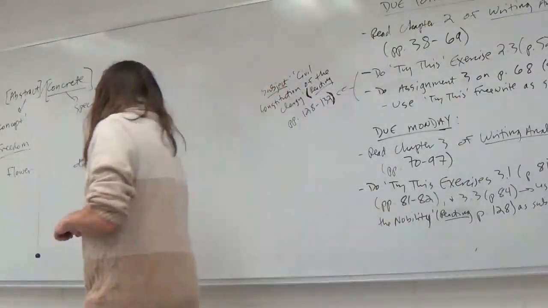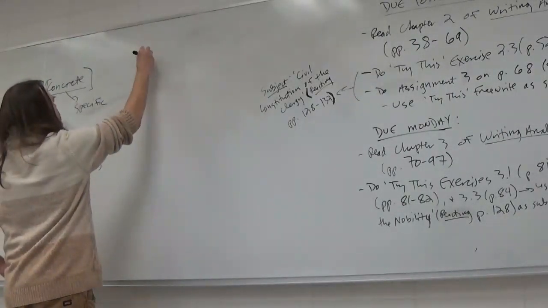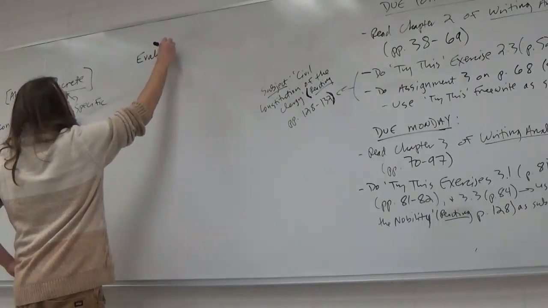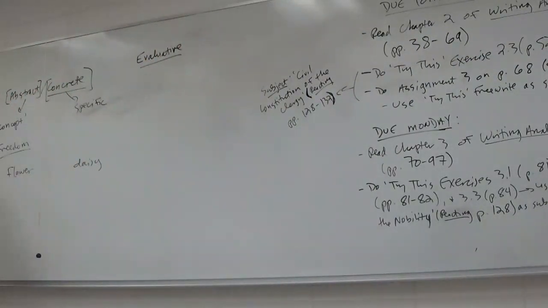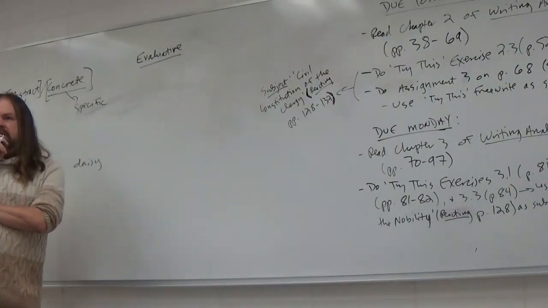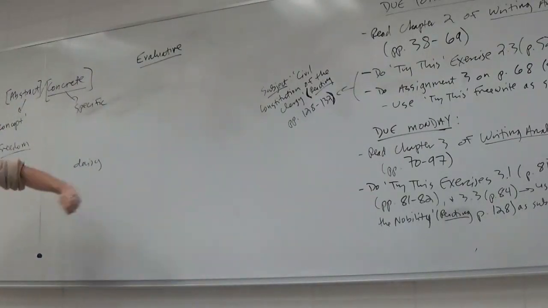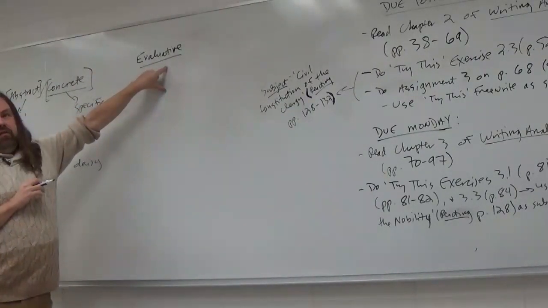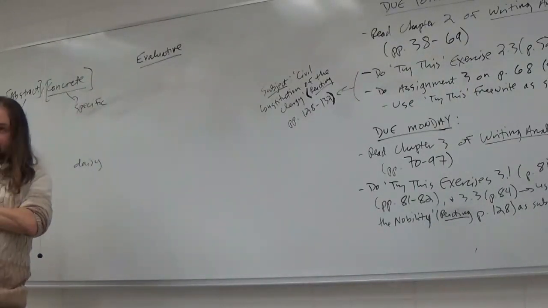Okay, so do y'all understand what I mean when I refer to an evaluative word? This is actually related a little bit to the abstract concrete thing. Well, see if you can figure it out: what's the root word of evaluative? What other word can you see in this? Evaluate. Okay, yeah.